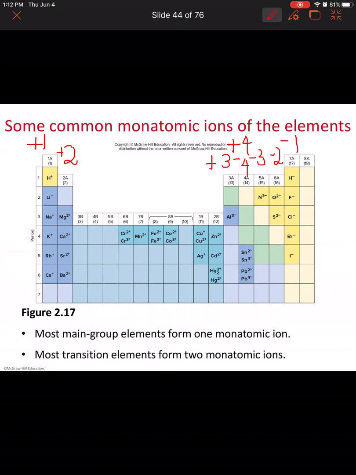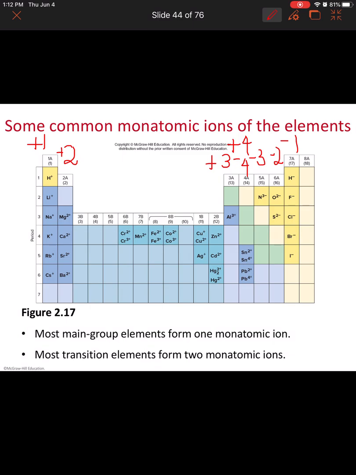Later on, we will learn that some of these elements can have more than one oxidation state, for example nitrogen, sulfur, but we'll talk about it later. But for now, remember, this is the pattern.